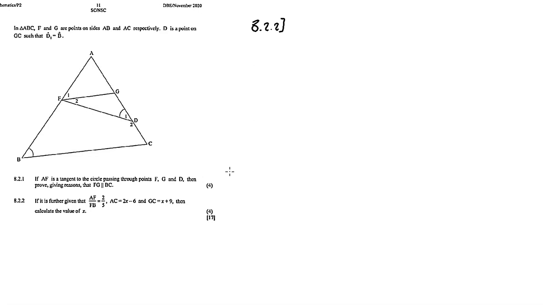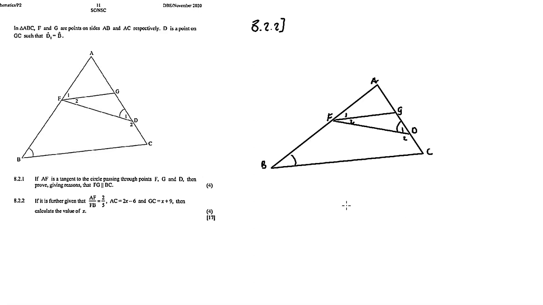We will apply the ratio this way. They gave me AF, which is 2, and then they gave me FB, which is 5. They also say AC is equal to 2x minus 6, and GC is equal to x plus 9.